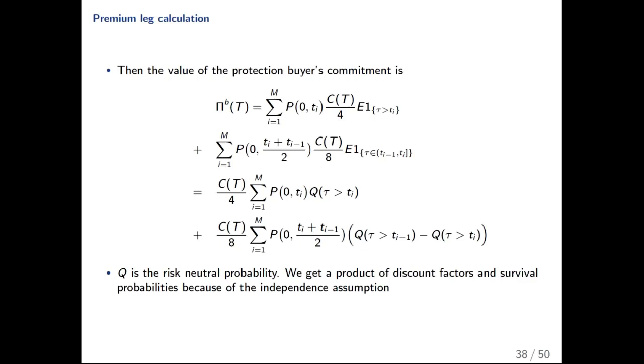The very first element of this sum, i equals 1, depends on the Q, which is the survival probability beyond the first payment date, and the T_i.